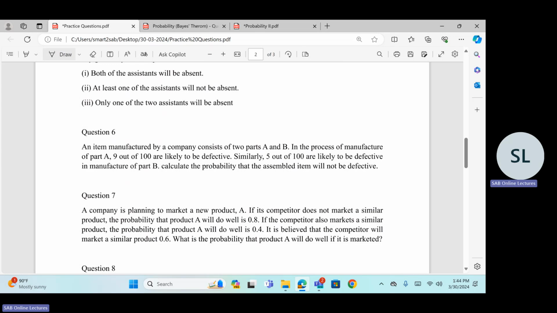That is the probability of defective in the item A. Similarly, 5 out of 100 are likely to be defective in manufacture of part B. Calculate the probability that the assembled item will not be defective. Okay, then how to get that?